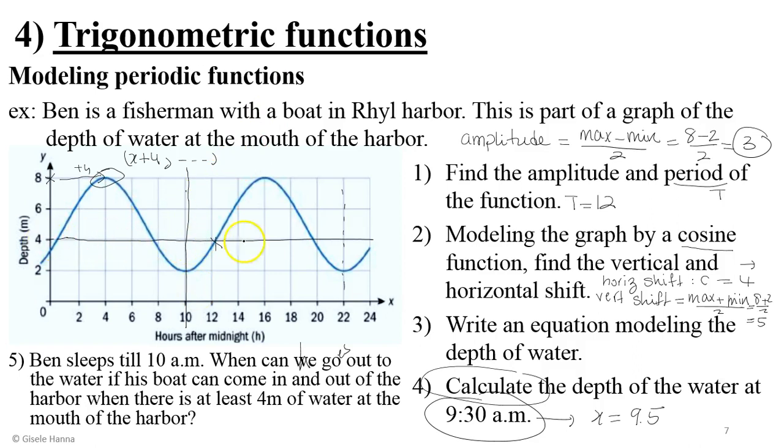By considering the horizontal line y equals 4, you'd notice that this is the first point of intersection of the curve with y equals 4 following x equals 10.